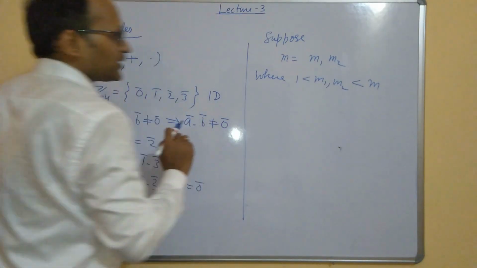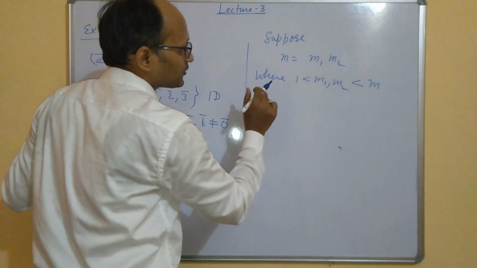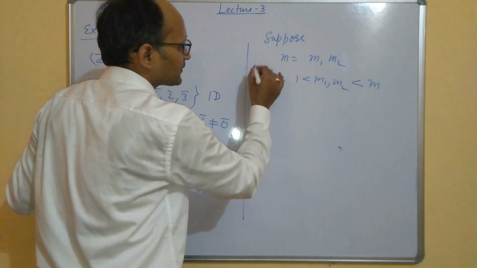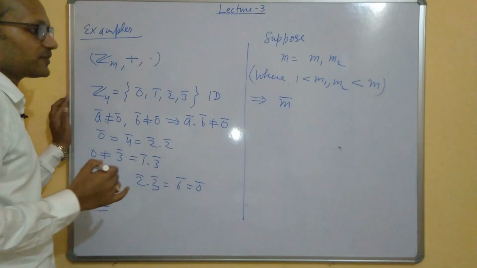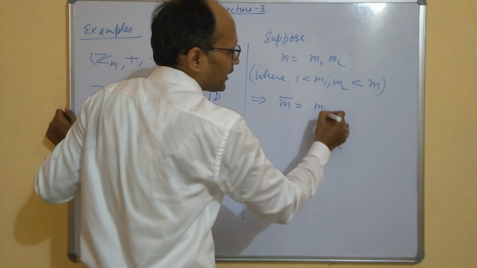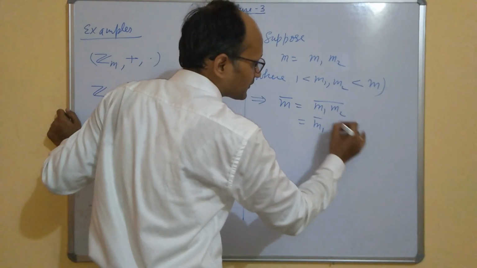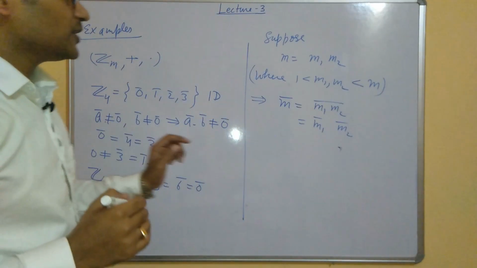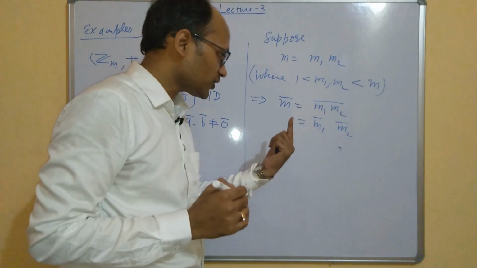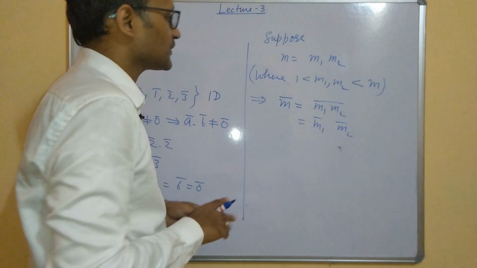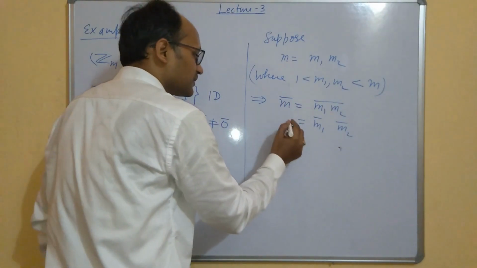So if we take two numbers in between 1 and m such that m is equal to this, then it means simply that if we go to modulo Zm, then m bar will become equal to m1 into m2 bar, that is m1 bar m2 bar. Because m1 is not equal to 1 and m2 is not equal to 1, m1 bar is not 1 and m2 bar is also not 1. And because they are less than m, it is not 0 and it is also not 0, but this number is 0.